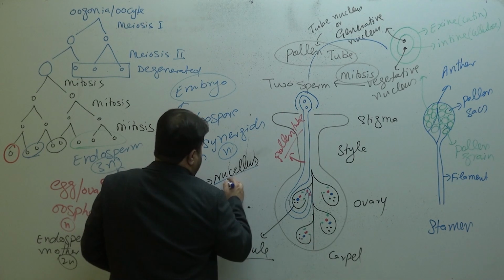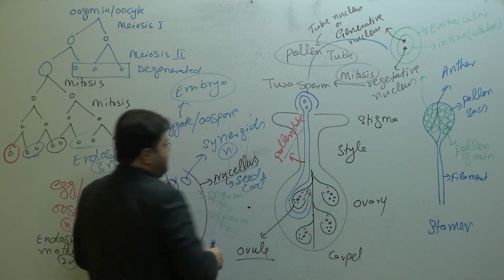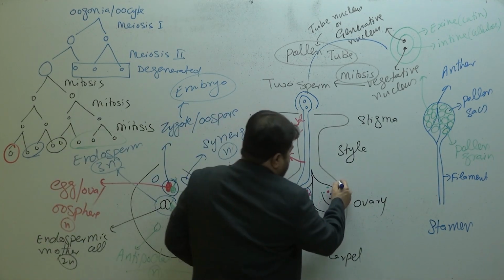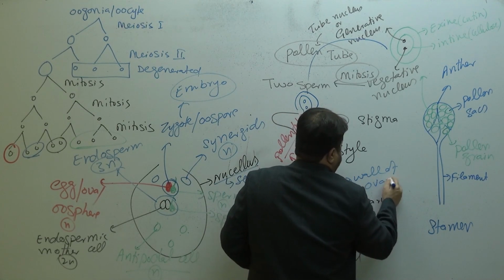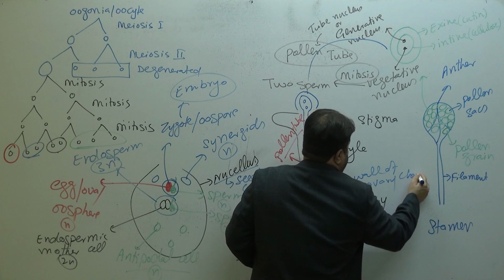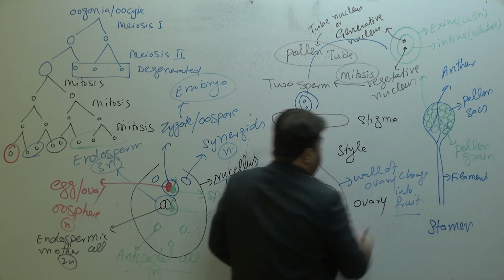And then this outer layer changes into the seed coat, while the wall of the ovary changes into the fruit.